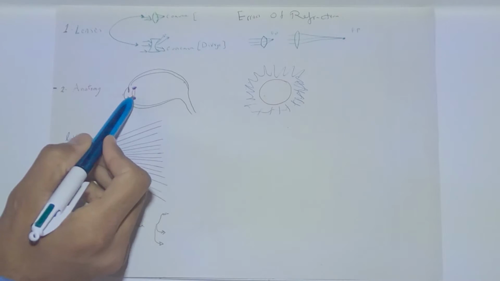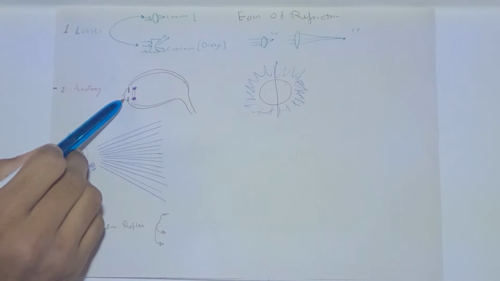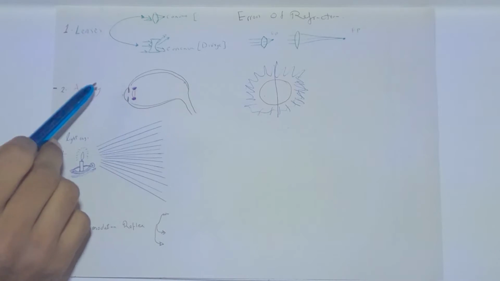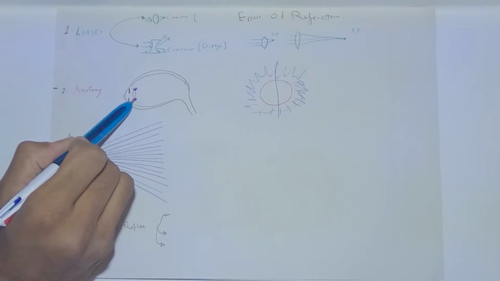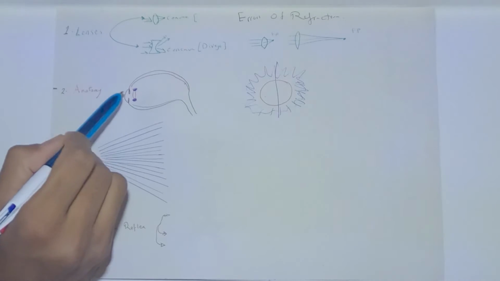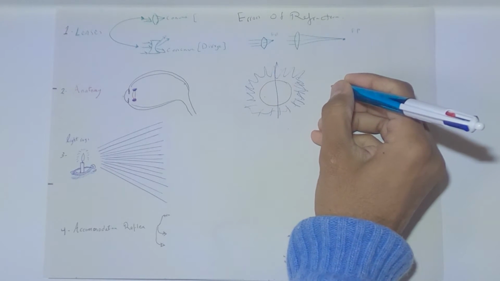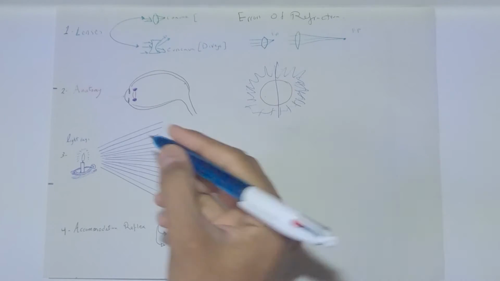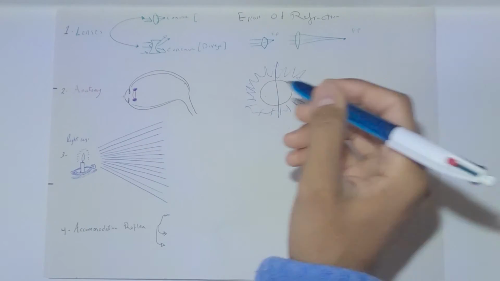And if you cut it like this and look from the side, like we usually look at the eye, you find this. The important thing is that you know that when the ciliary muscles contract, the lens becomes more convex. Hence, that means that it is stronger in power.